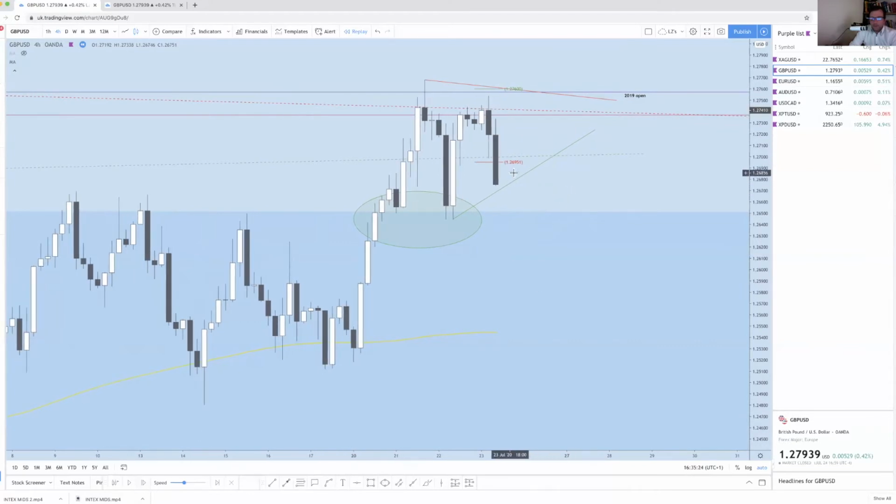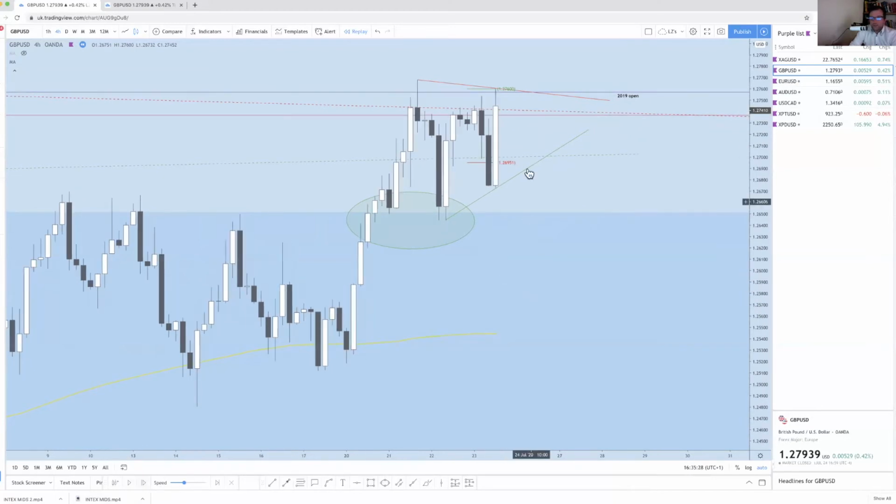However, I left the entry exactly as it was. And yet again, we've had this look very similar to that, just complete failure to go any lower and push back higher. This actually tagged me in pretty much to the pip for an entry, which I didn't love. However, hey-ho, that's where we were.